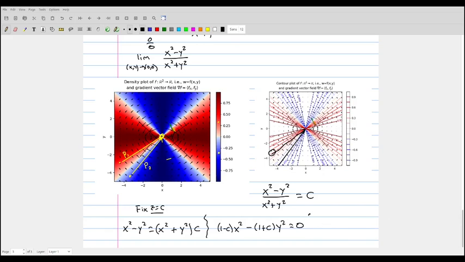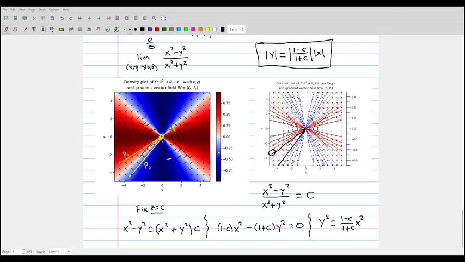And lastly, this is the same thing as y squared is equal to 1 minus c over 1 plus c times x squared. And if we take the square root of both sides, that means the absolute value of y is equal to the absolute value of 1 minus c over 1 plus c, times the absolute value of x.